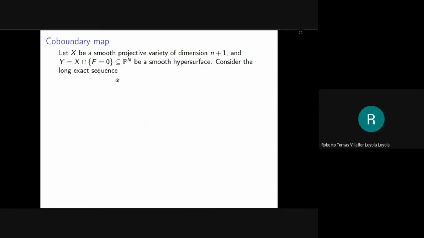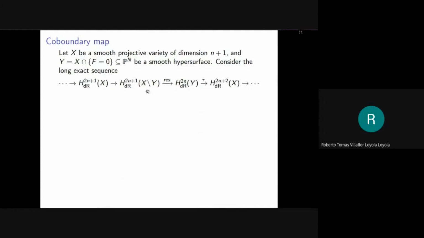Consider now the following long exact sequence, which is usually called the Gysin exact sequence or Leray exact sequence. This exact sequence is in fact a sequence of morphisms of Hodge structures.